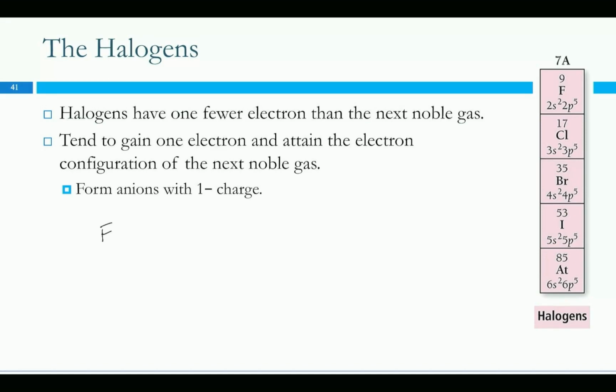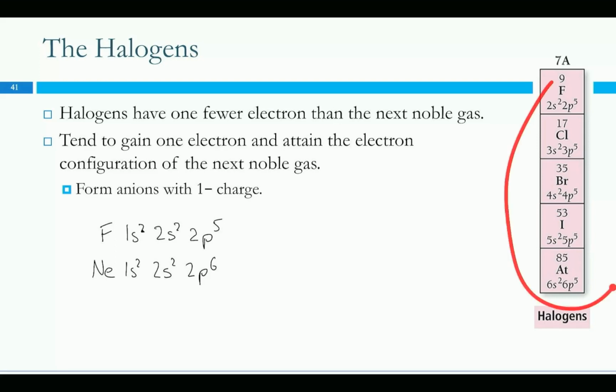So if we compare fluorine, which is going to be 1s2, 2s2, 2p5, to the nearest noble gas, which is neon, 2p6. Fluorine only needs 1 more electron to have the same electron configuration as neon. But then that means that there's 1 more electron than there are protons. All of the halogens, similarly, just need 1 more electron. And so they'll form a 1 minus charge.